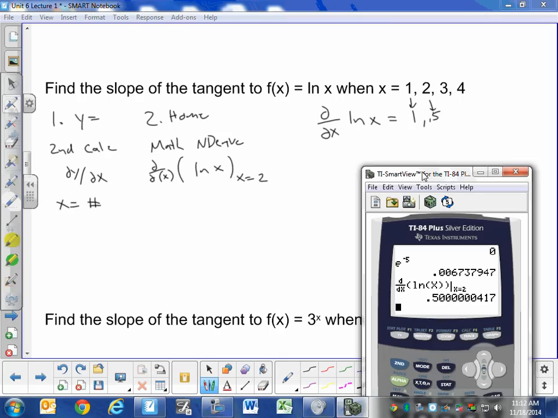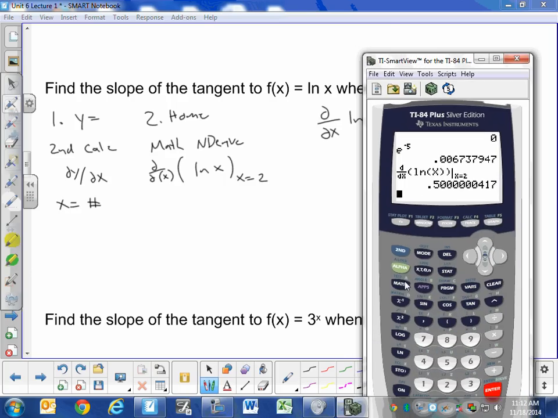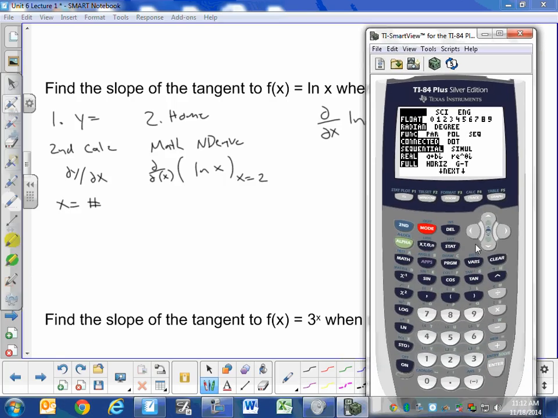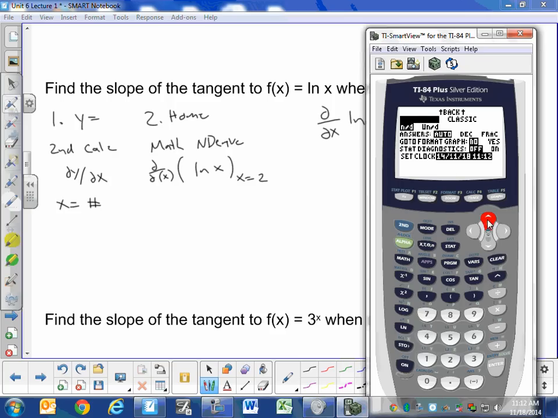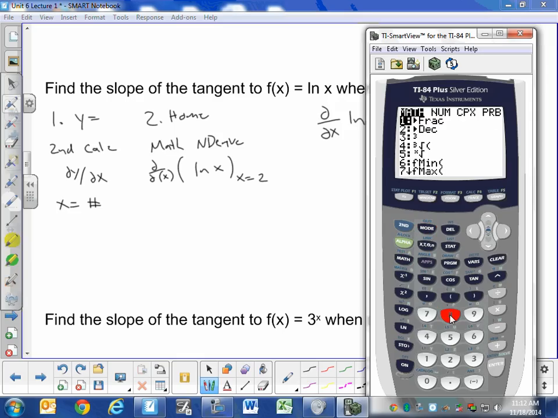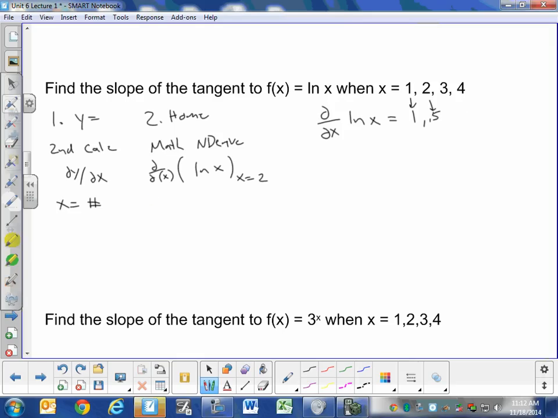Well, if you don't have this show up on your calculator, let me show you what you do see and what you have to do. If nDeriv pops up like that, you need to type in your function.